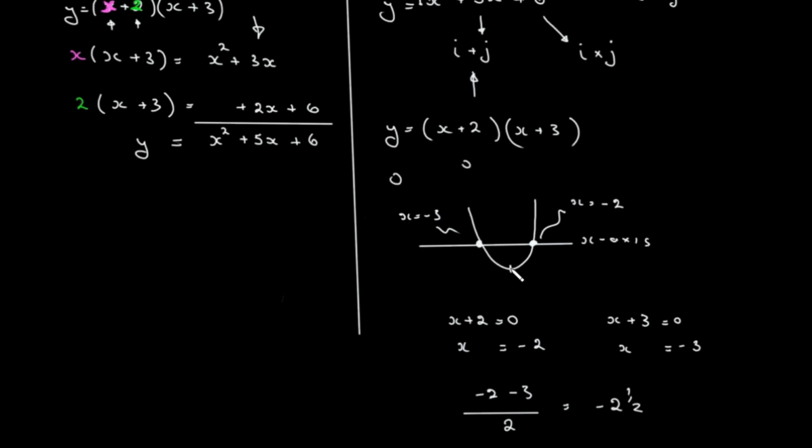So the x value there of the minimum is x equals minus 2.5. That's what factorisation is all about.